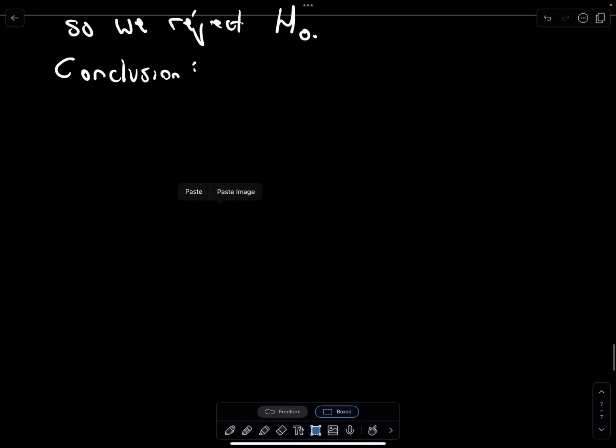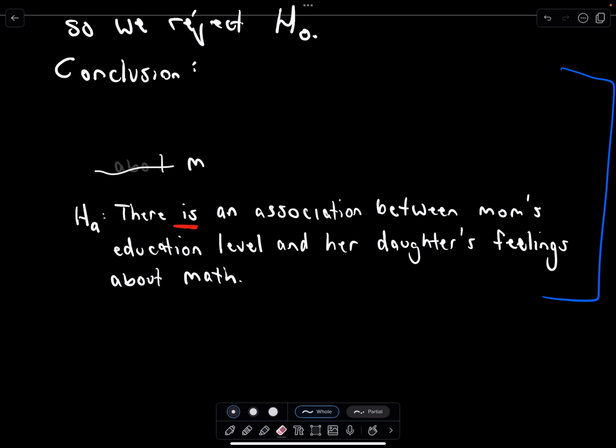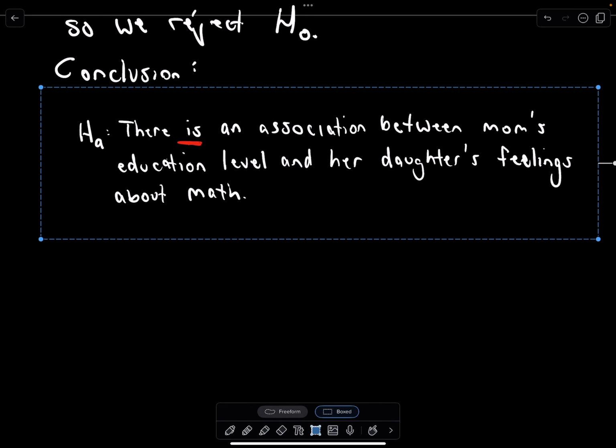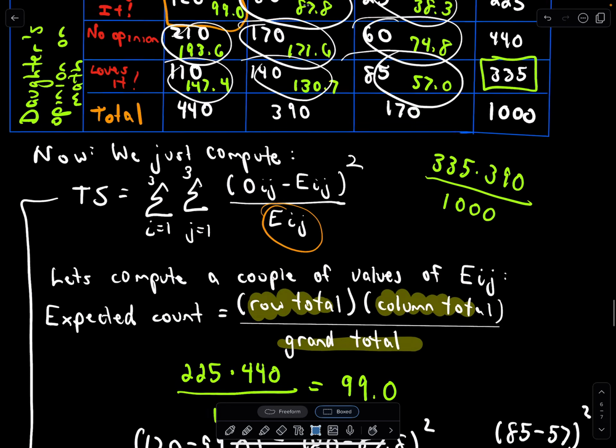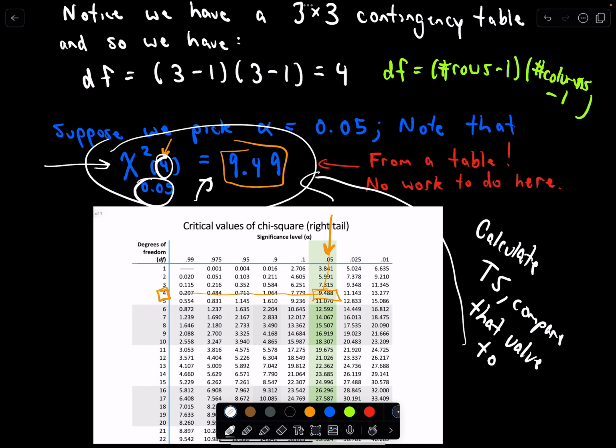So again, it's really just understanding what's happening here. Notice the math wasn't really terrible. You're just looking up the chi-squared value from a table. You compute the degrees of freedom, pick alpha, and get that from a table.